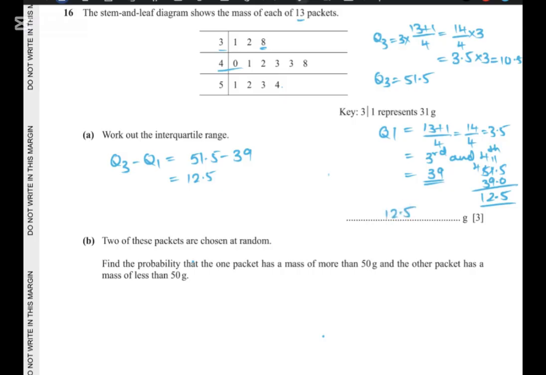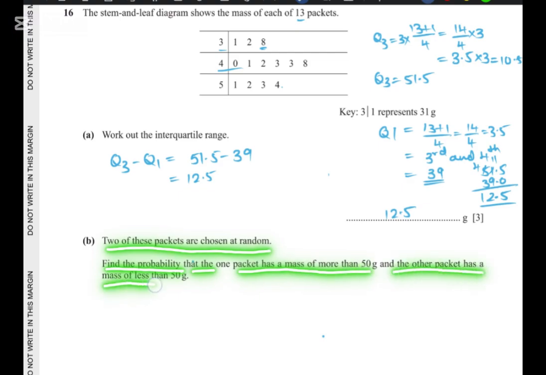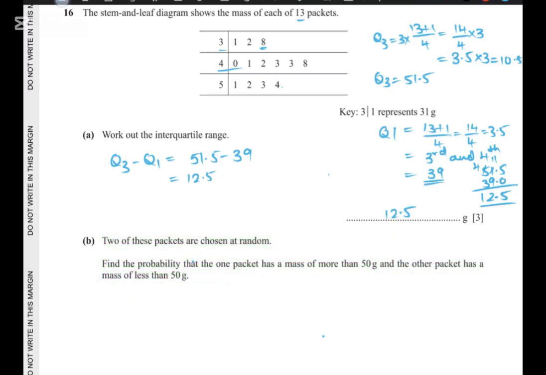Question B. 2 of these packets are chosen at random. Find the probability that one packet has mass more than 50 grams and the other packet has mass less than 50 grams. So first of all, let us see how many packets have more than 50 grams.